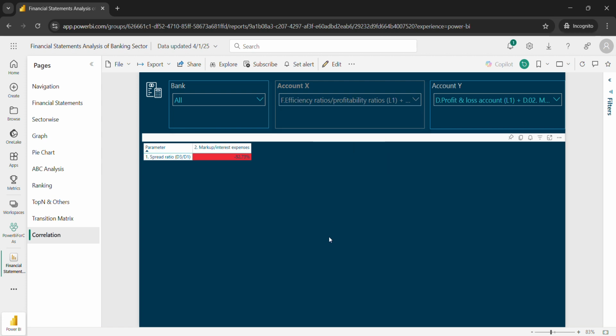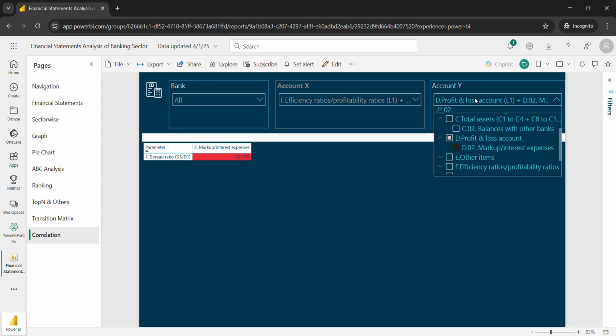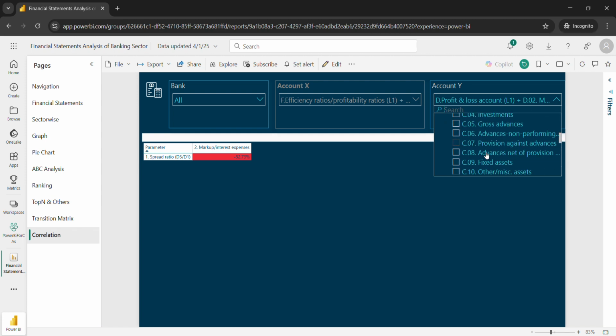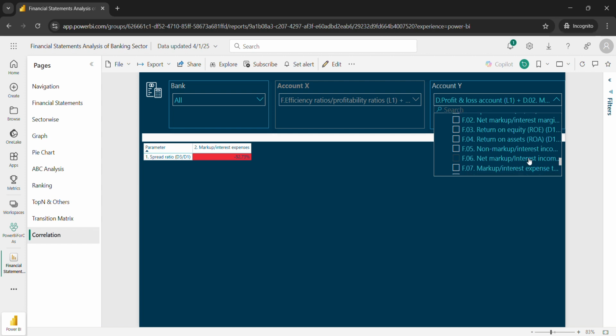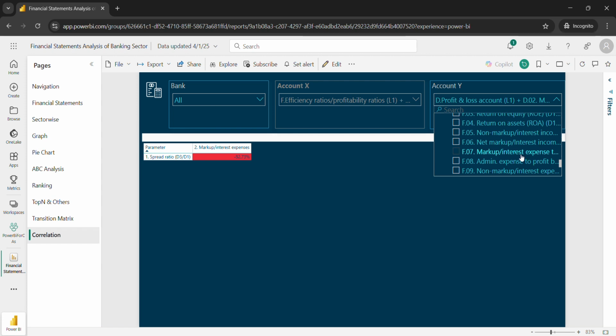So this is the spread. We have the spread with markup expense in negative correlation. Let us talk about efficiency ratios, and I have some other items which are inversely related to the spread. Okay, here we go.